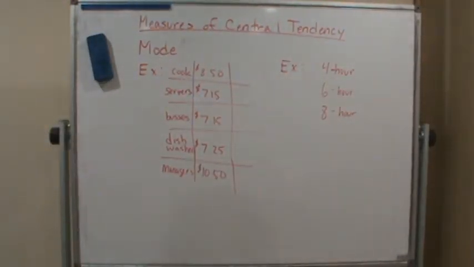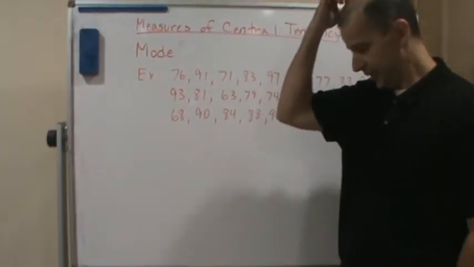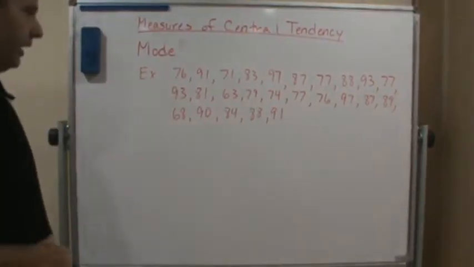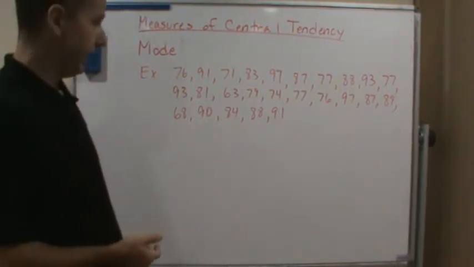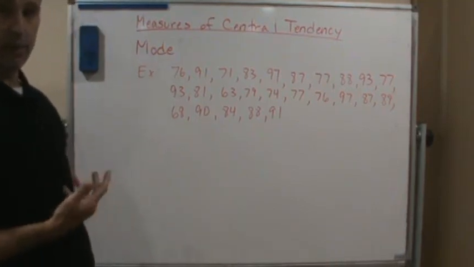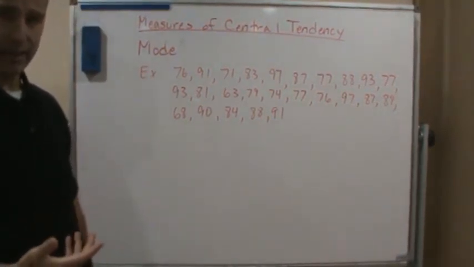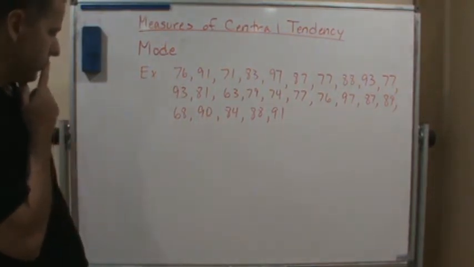We'll do one more example. Okay, so last example here. Let's say we have a data set like this, right? I could give you a data set like this, and we could stick this in our calculator, in one of our lists, and we can find the mean and the median, okay? But in this case, we really can't do that with the mode. Or actually, will this give us the mode?